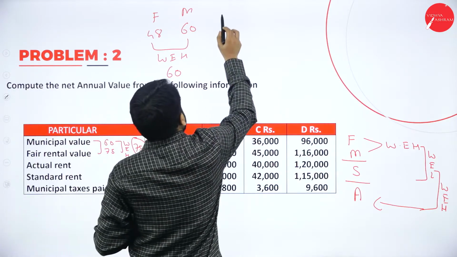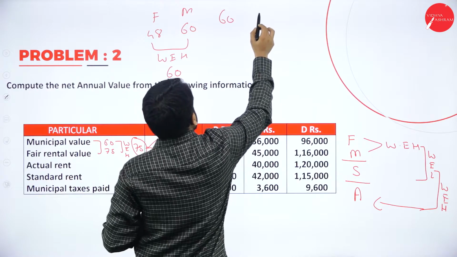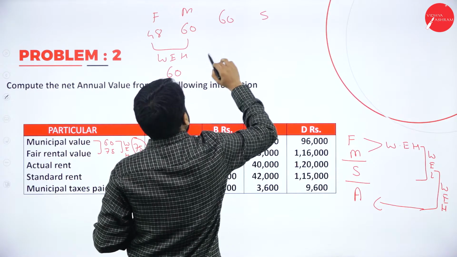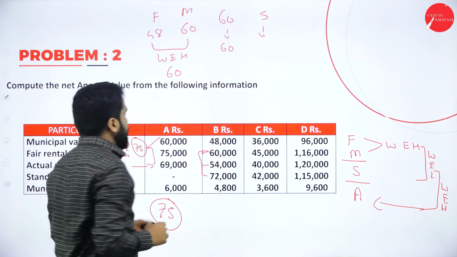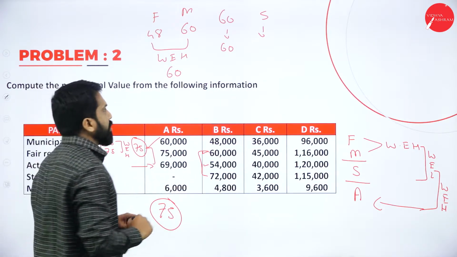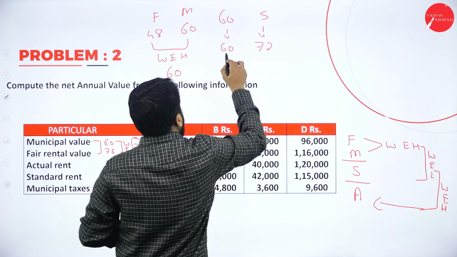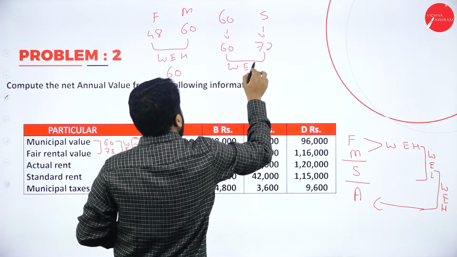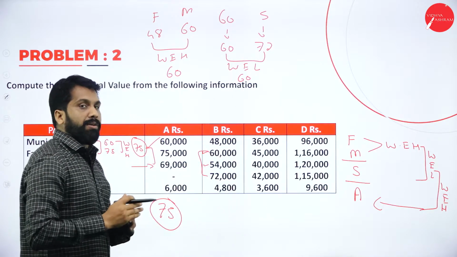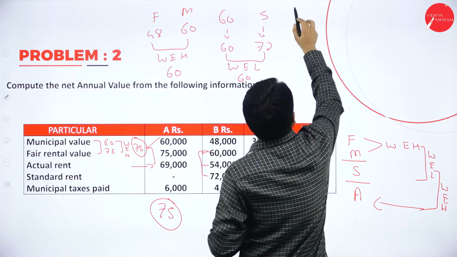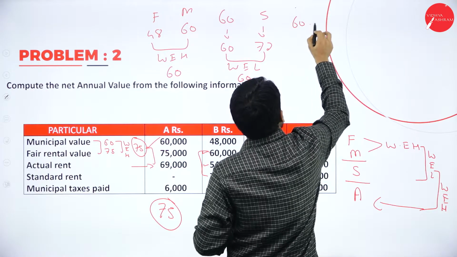Now, your 60,000 against standard rent. How much is your standard rent? It is 72,000. Whichever is lower, so in this, 60,000 again. We'll go to the final step.